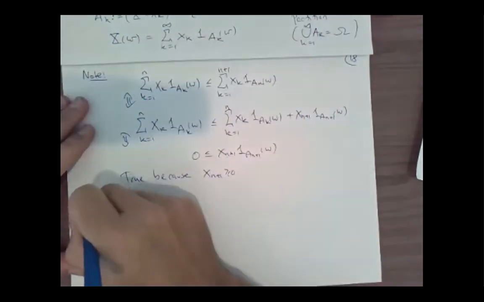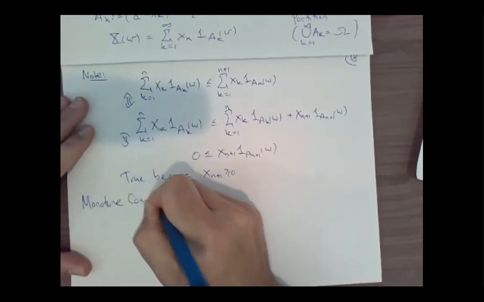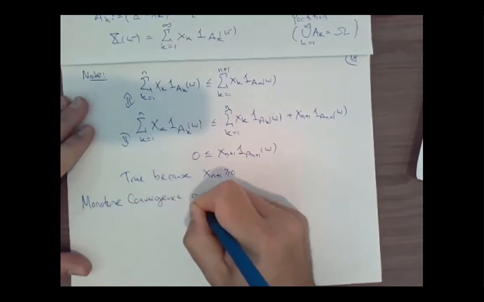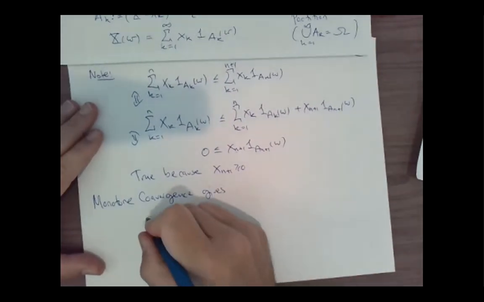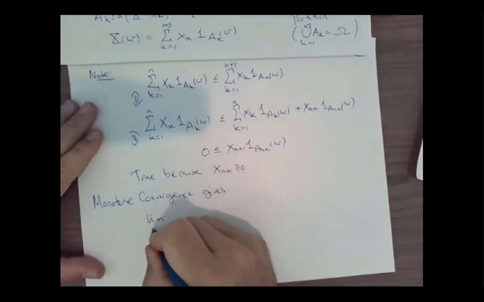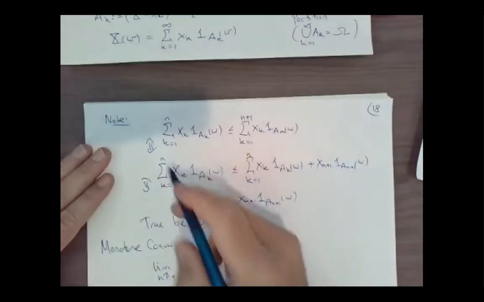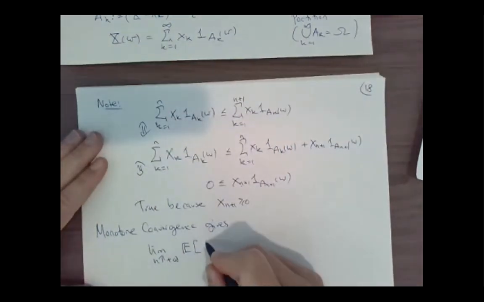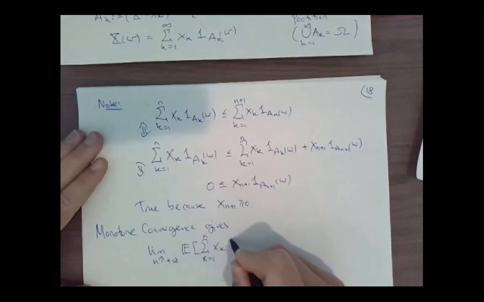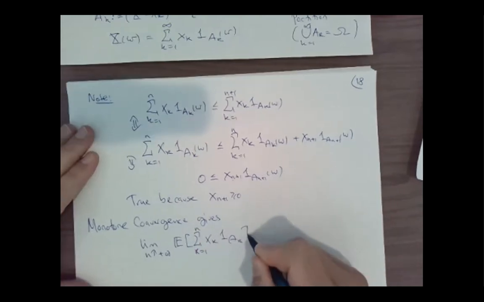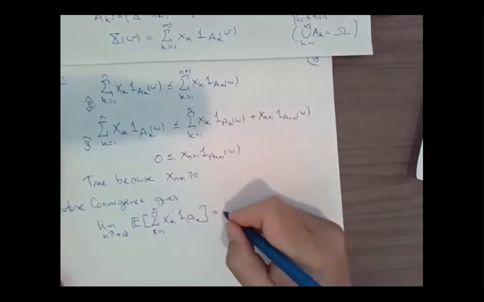So the monotone convergence theorem gives us that if I take the limit as n goes to infinity of the left-hand side, I get the same thing as when I pull the limit inside.